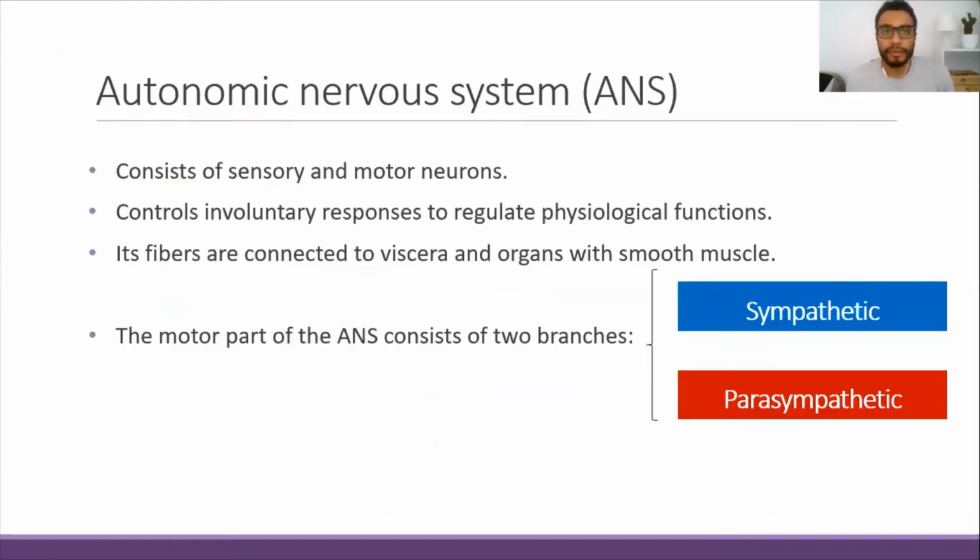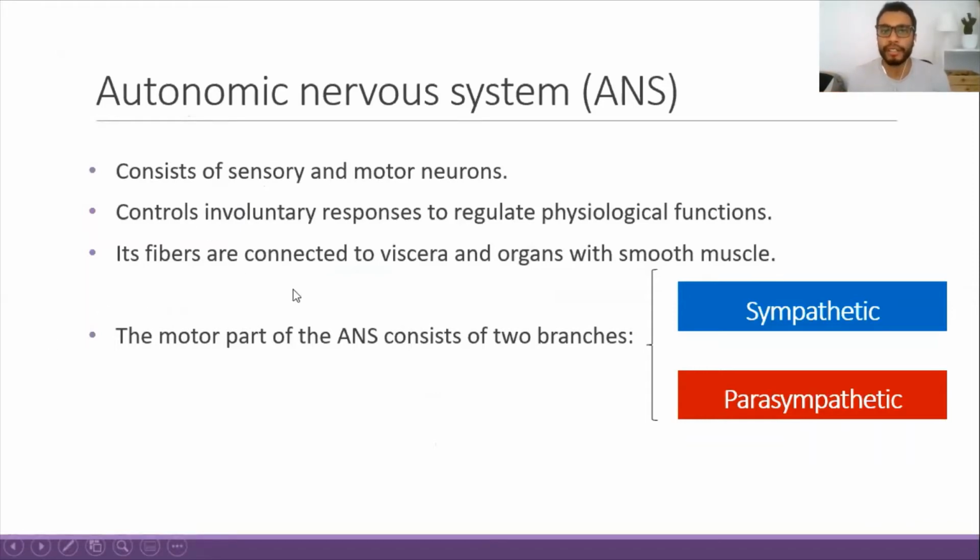First of all, the autonomic nervous system. It consists of both sensory and motor neurons, and controls involuntary responses to regulate diverse physiological functions according to the target organ or the target viscera that will be innervated.